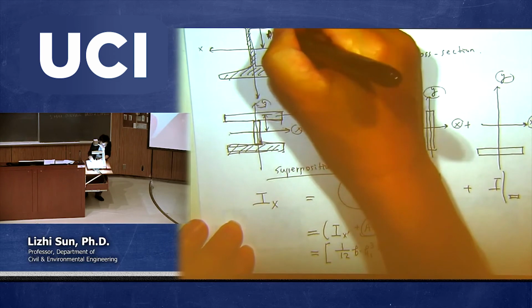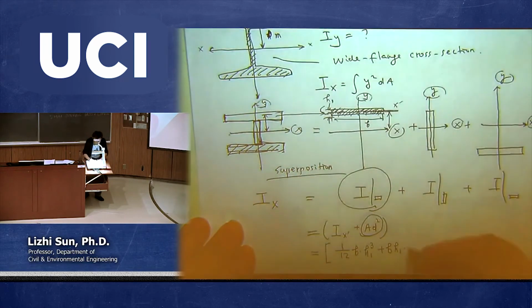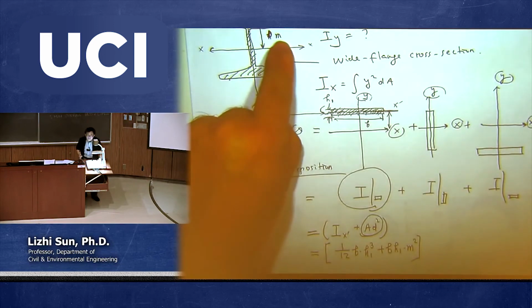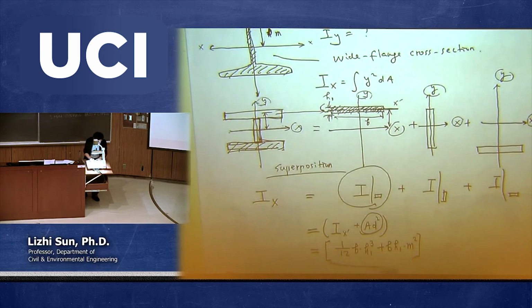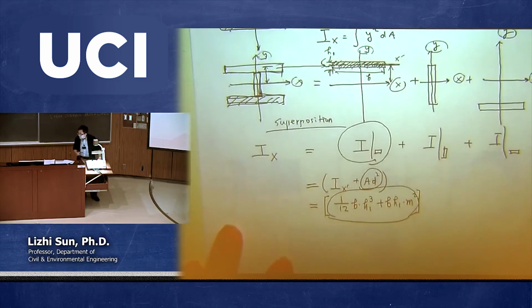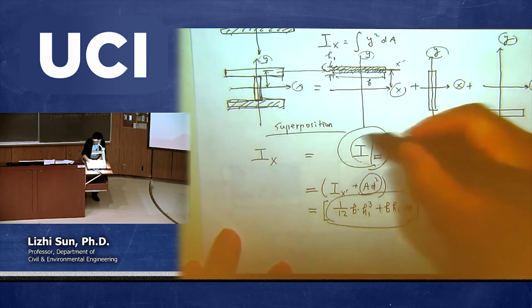I already use h. Let's use m. So that's going to be m squared, because typically they should give you this m from the original picture. Of course, I'm not using a number. So this all together is the moment of inertia of the first part.